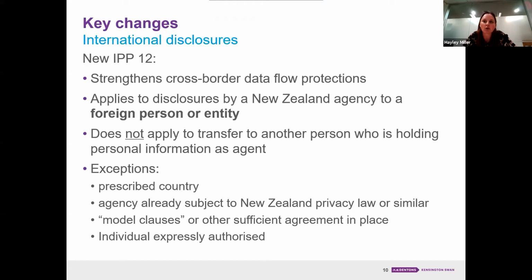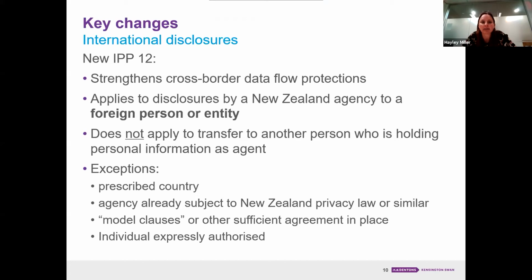The first thing to note with this is it's not just about transferring information overseas. And obviously, it's intended to capture that. But the actual test in terms of the first gate to consider is who you are disclosing to. So it's a foreign person or entity. So yes, that could be a branch in New Zealand of a foreign entity, or it could be somebody who is actually an overseas person or entity.